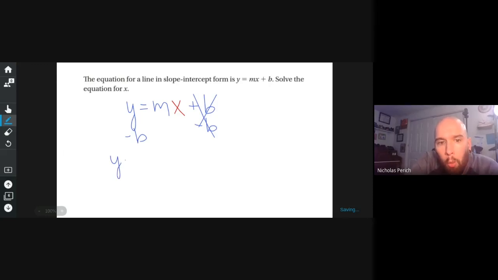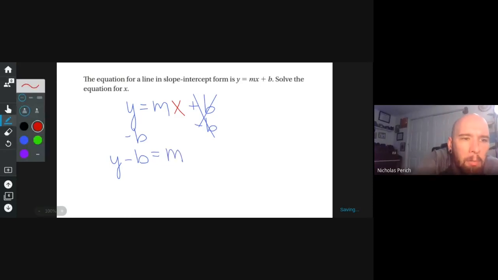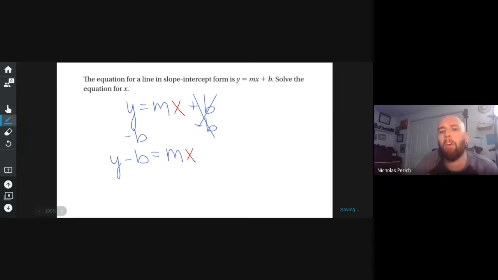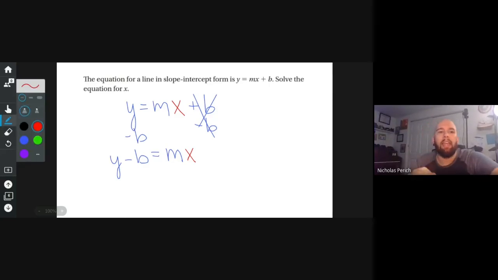No. So y minus b equals m times x. Is x all by itself? No. What is in the way? M. How do I get rid of m if it's multiplied? Divide m from everything.